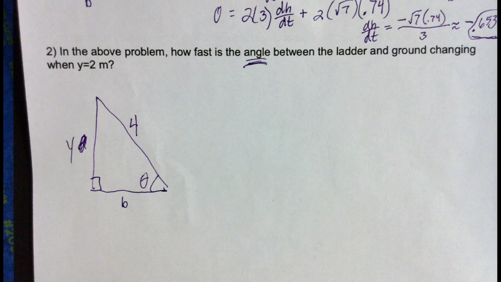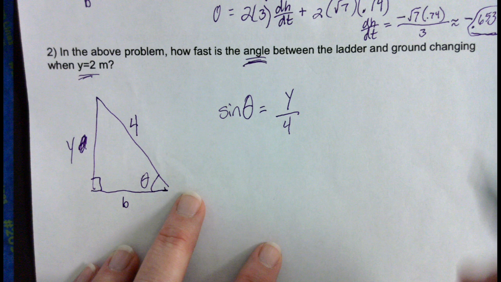What's the derivative of sine? Cosine. So cosine of theta times d theta over dt. And if you don't put that, you're going to go, what the what? Because that's actually what the question's asking for.